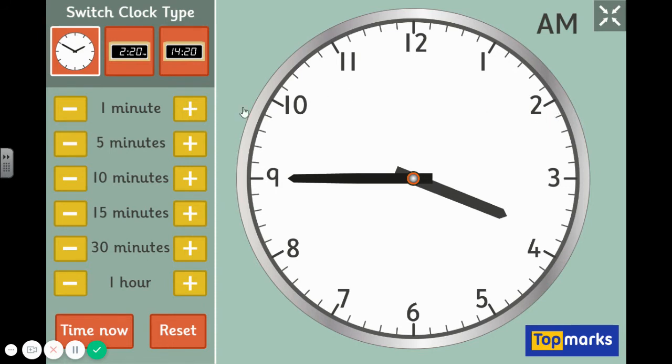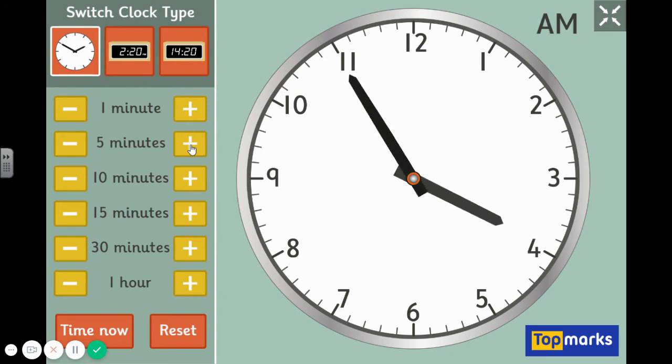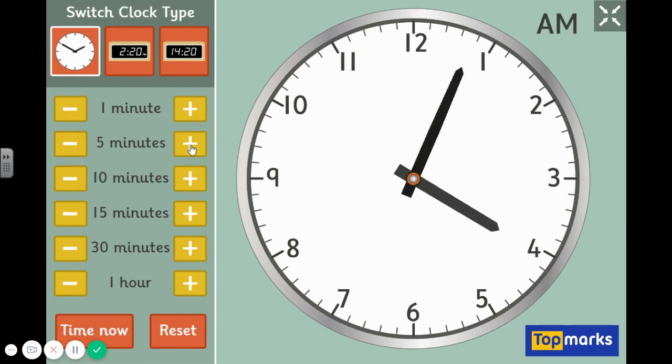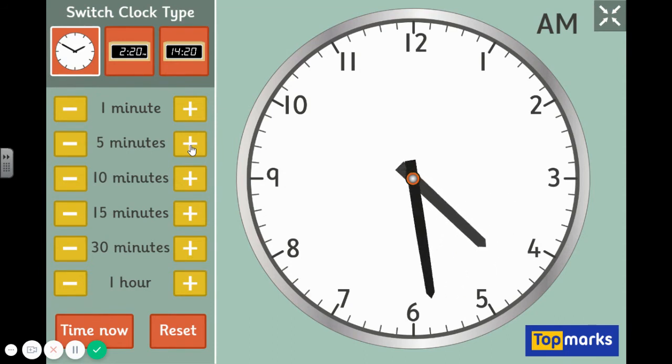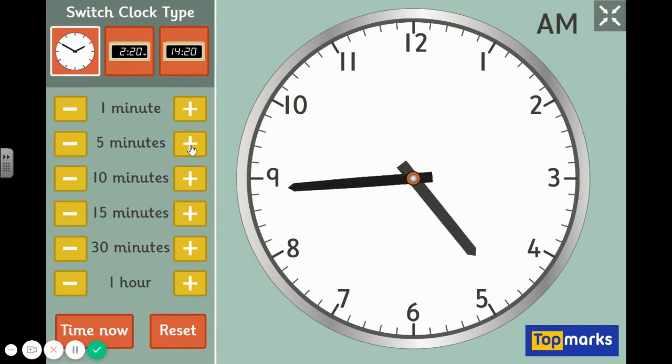So what I'm going to do is count in fives. 5, 10, 15, 20, 25, 30, 35, 40, 45, 50, 55, 60. So I've got my 60 minutes equals 1 hour. So I've done my 1 hour and I need to add another 35 minutes.